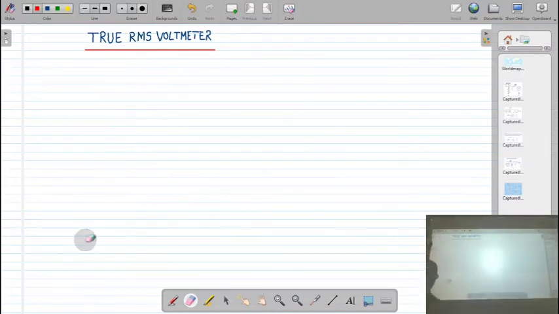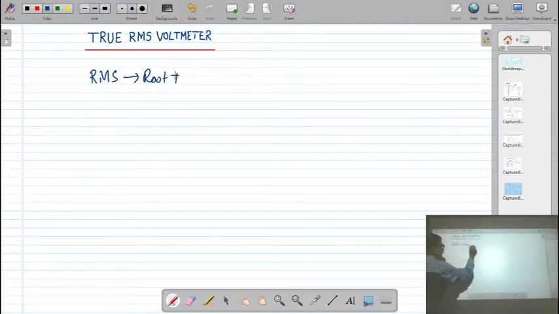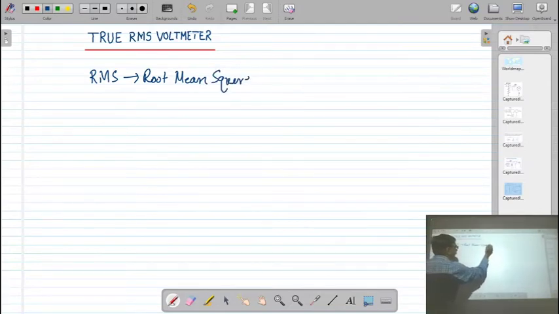Normally we say that RMS means root mean square value. But what is the root mean square? It is a mathematical procedure for finding the RMS value, meaning we take the square, find the mean, and take the square root.